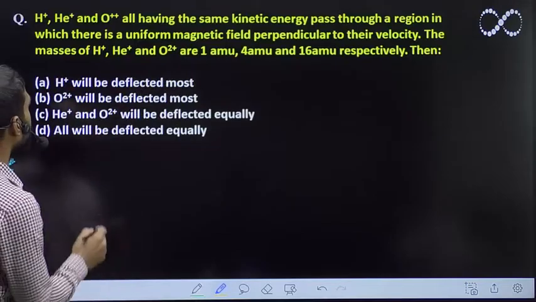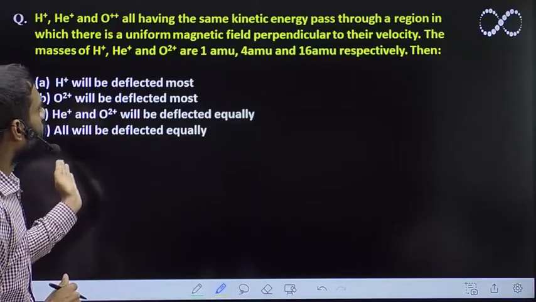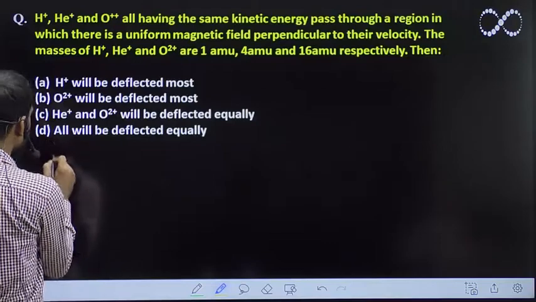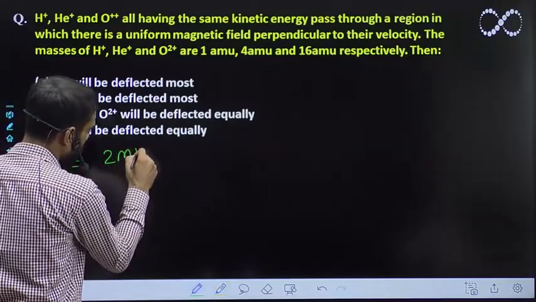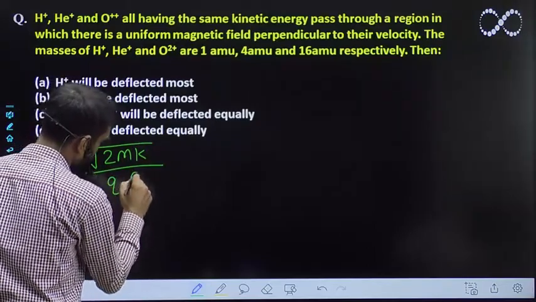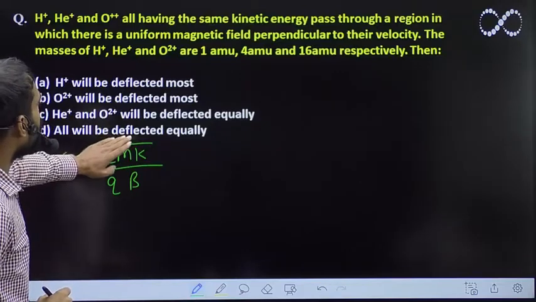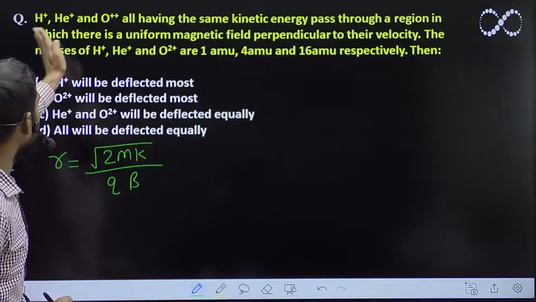So let us see. Since it is passing perpendicular to the uniform magnetic field, all will be in circular motion, and the radius will be given as, as you all know, r = √(2mK)/qB. The kinetic energy of all is the same, and the magnetic field is also the same for all the three charges.